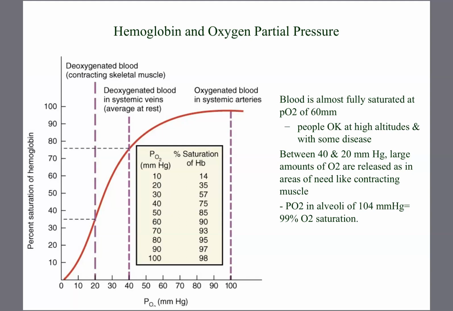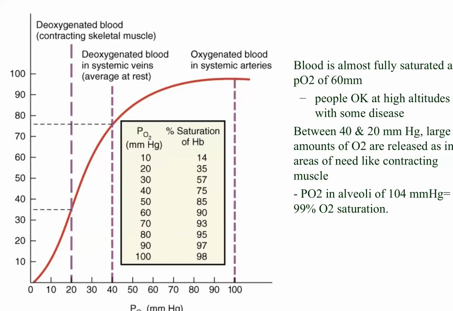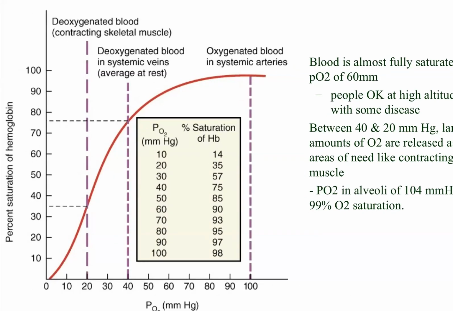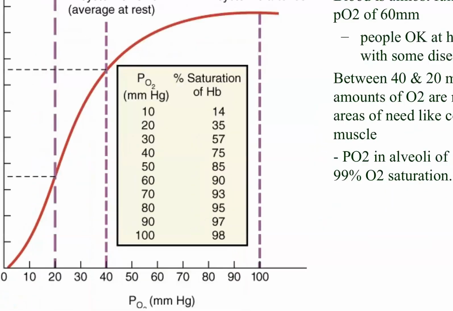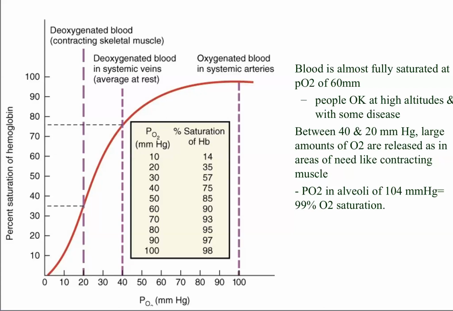So remember what I mentioned: at normal sea level, there's 160 millimeters of mercury in our environment. That means in our actual alveoli, 104 millimeters gets in. So if we look at 100 right here, we'll see on the chart that at 100 millimeters of mercury, about 98 to 99% of our hemoglobin is saturated.